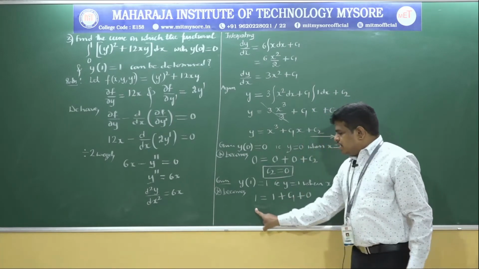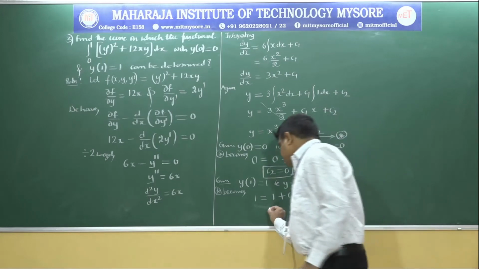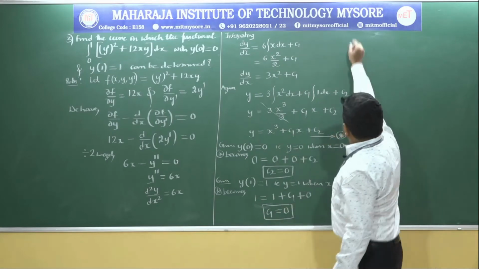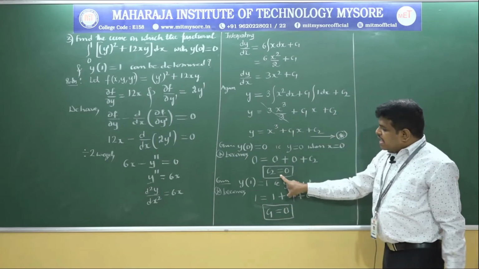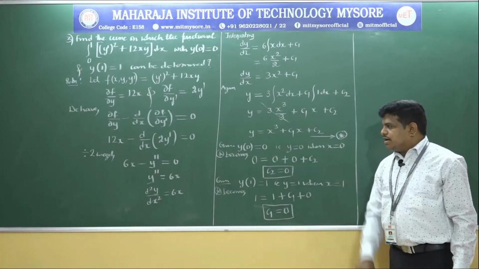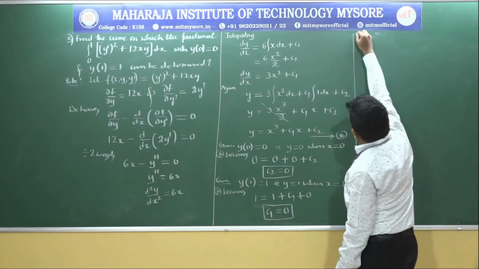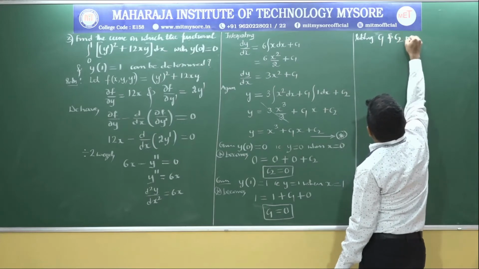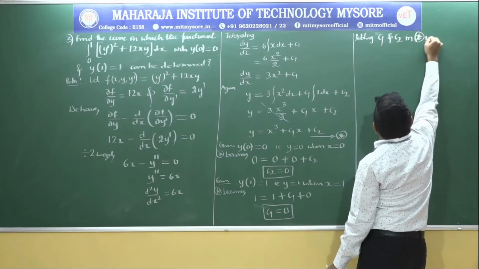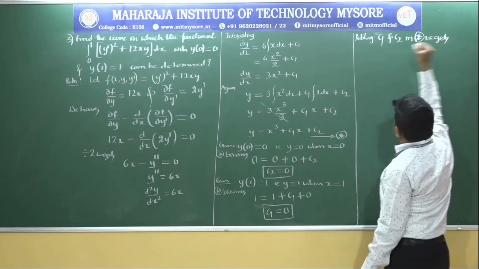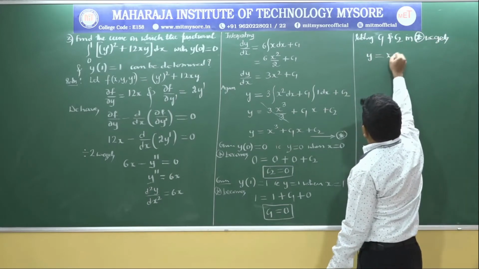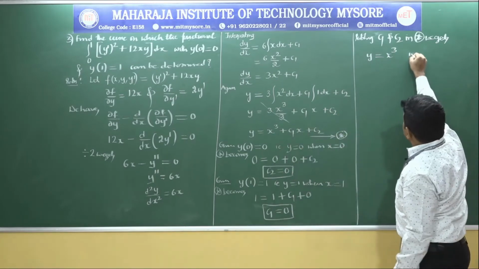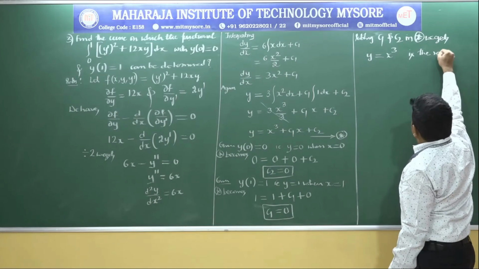Next, if you shift 1 here, 1 minus 1 becomes 0, therefore the value of c1 is also 0. Lastly, substituting c1 and c2 in star, we get y equals x cube, as c1 is 0 and c2 is also 0. This is the required curve.